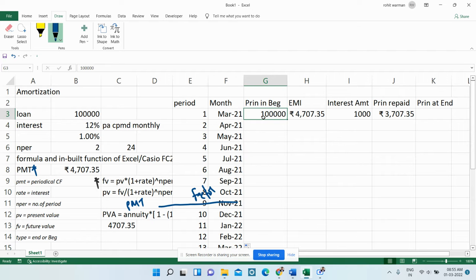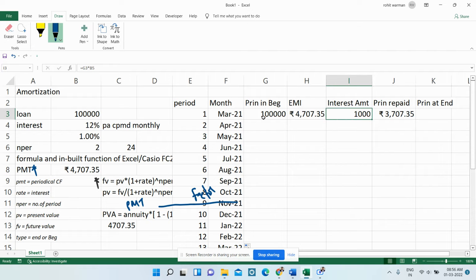So 1 lakh, EMI, interest is always on the principal. When we take the difference between the EMI and the interest, what we get is the principal, because we want to know what the bifurcation is from the tax perspective. Interest, if it is a home loan, can be shown under section 24.